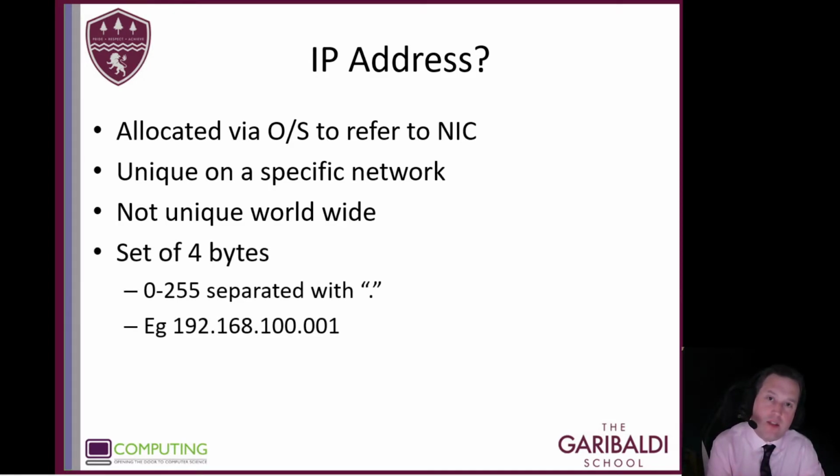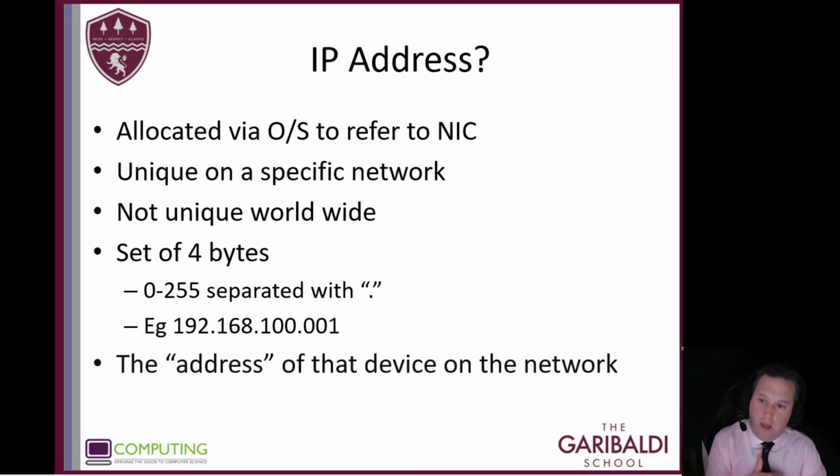It's 4 bytes storing a value between 0 and 255, because that's 256 values, which is what you would store with a byte, 8 bits, and it would look like what I've got there, a sequence of 4 numbers to denote that unique IP address. That would be the physical address then of where it is on the network. So you would refer to it as that.